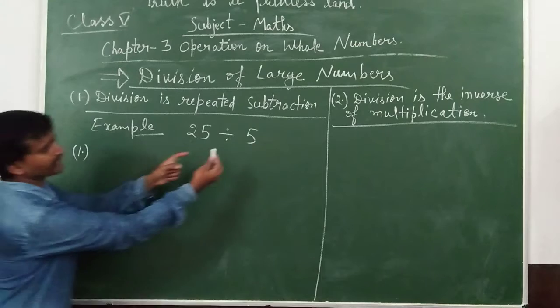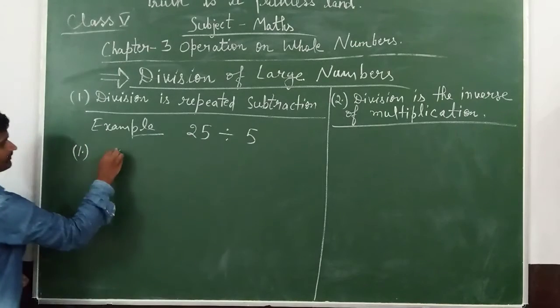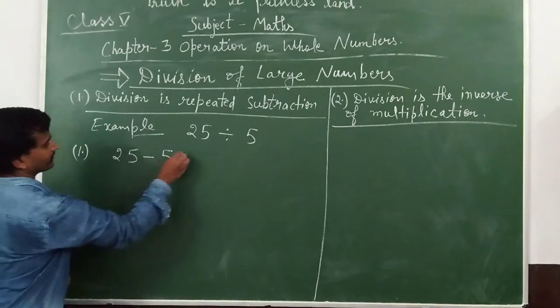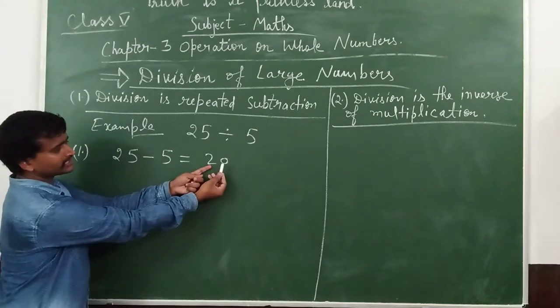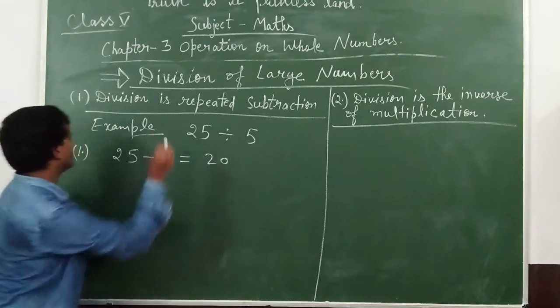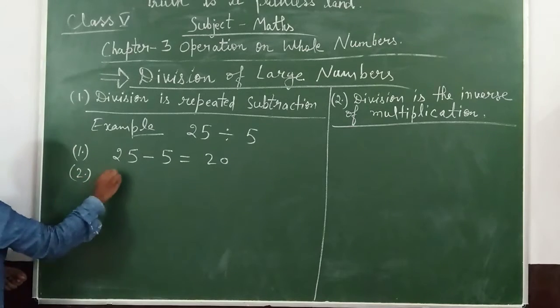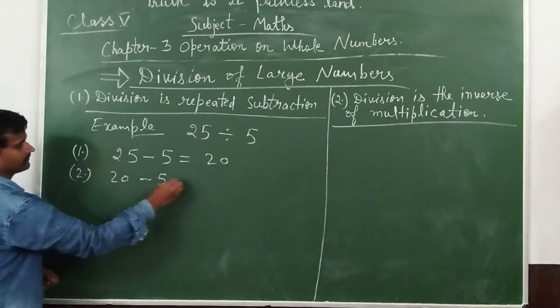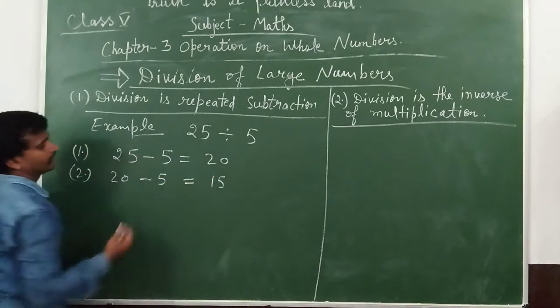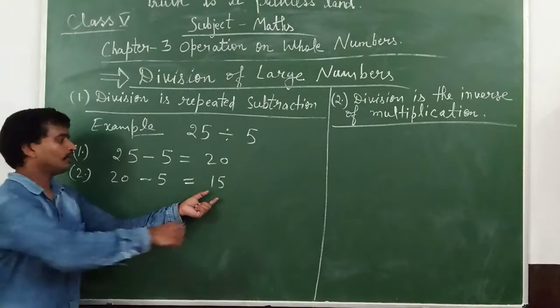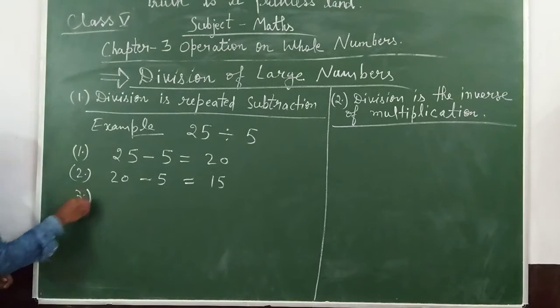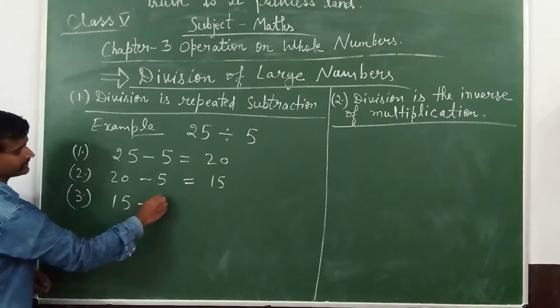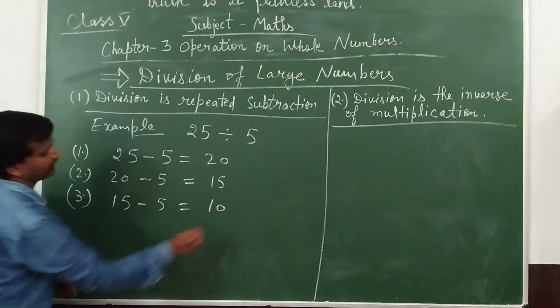First of all, subtract 5 from 25. We will get 20. Now again from this 20 subtract 5. 15. Now from this 15 again subtract 5. 15 minus 5, 10.